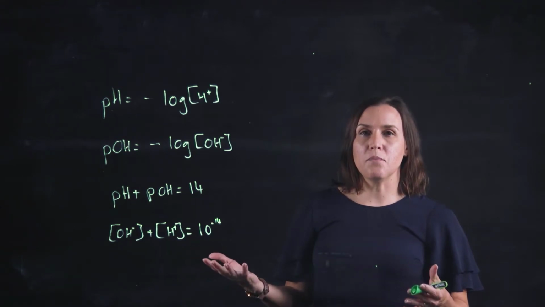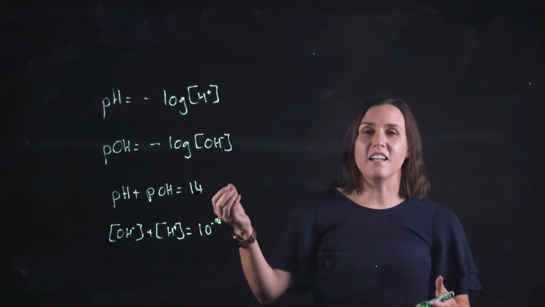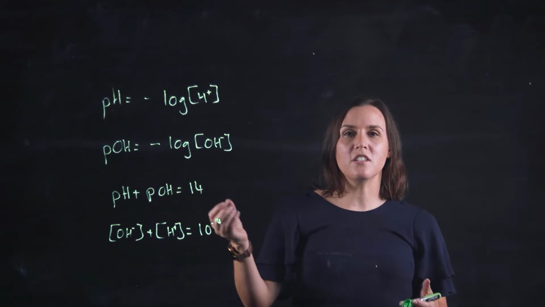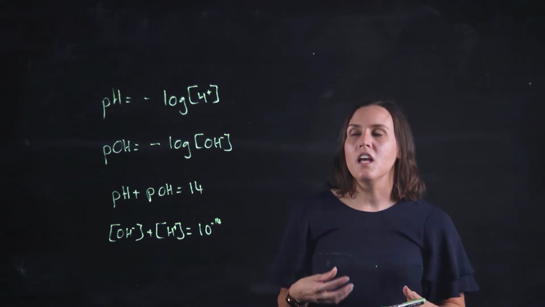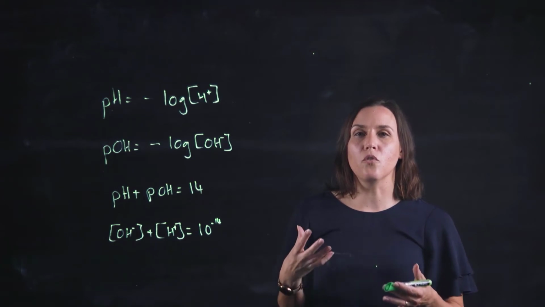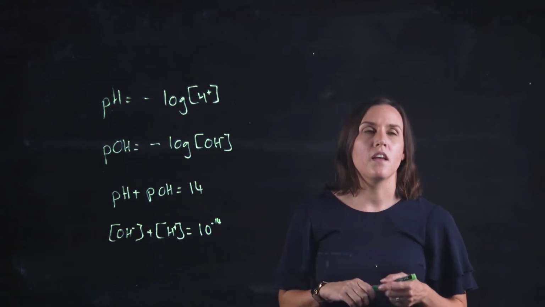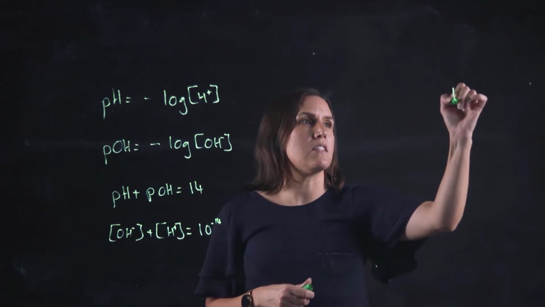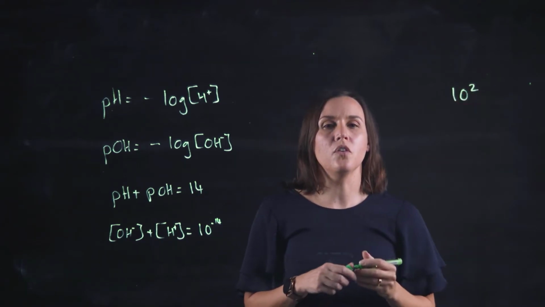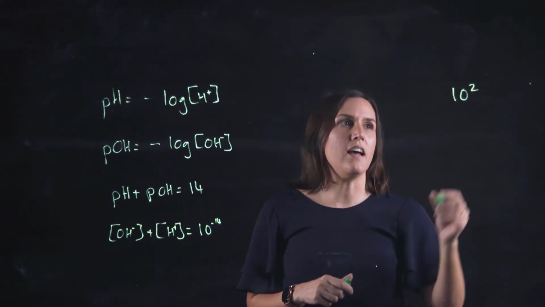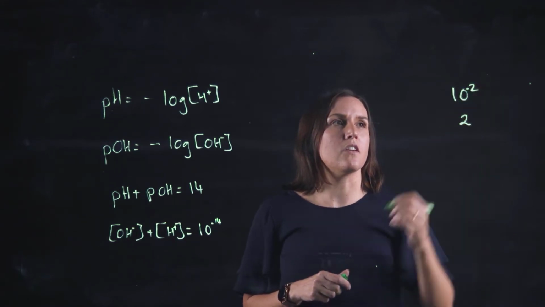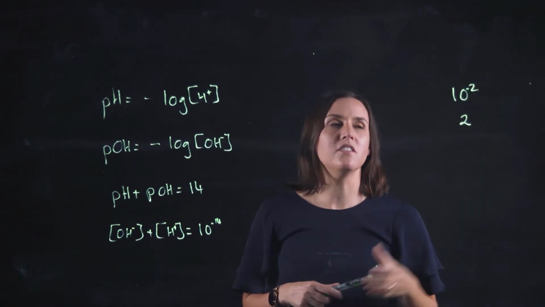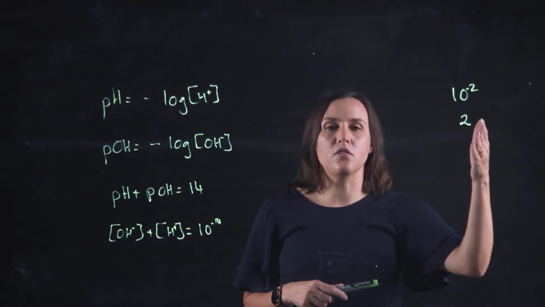Now, simply put, using a calculator can sometimes be harder for these questions. Depending on how the question's asked, you may find a calculator is the way to go, but you can just use your log rules to switch between them. So if I have something that's 10 to the power of minus 2, the negative log of that would be 2.